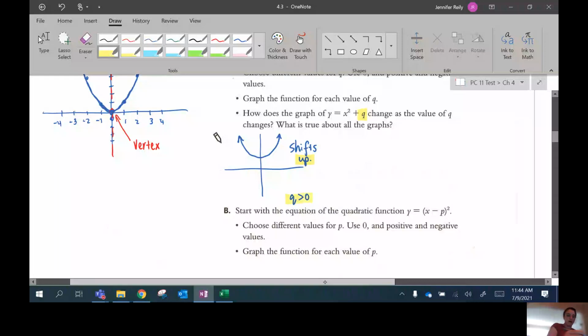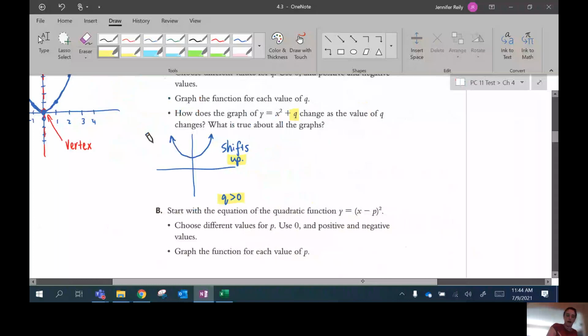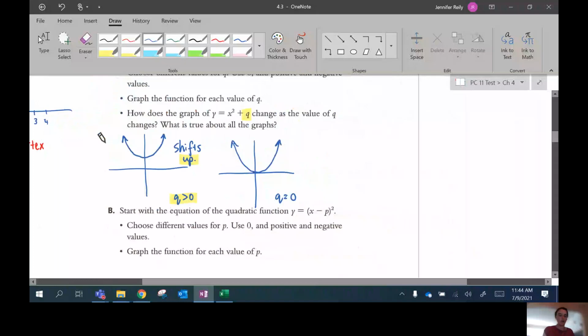When q is equal to 0, when you don't add anything on, it just looks like this. The vertex is at the origin. And when you have a negative value of q, you're going to have the same graph, but it's just going to be shifted down.